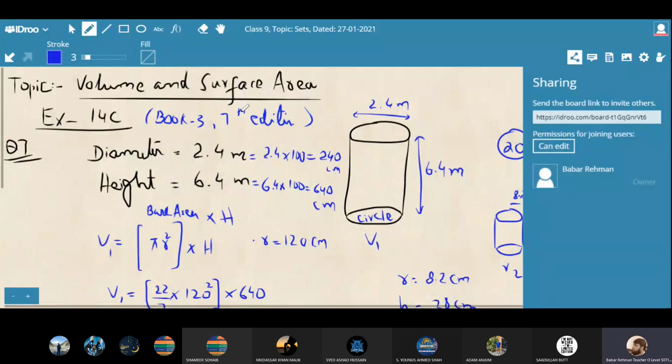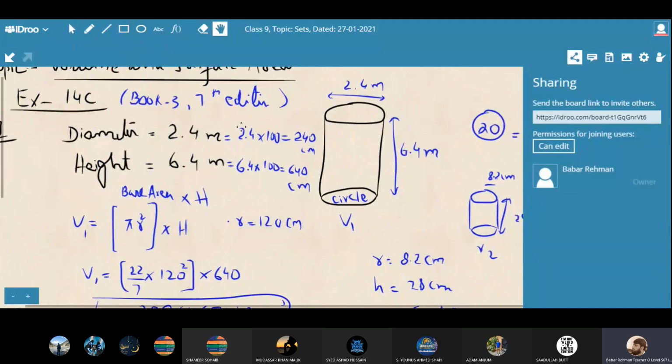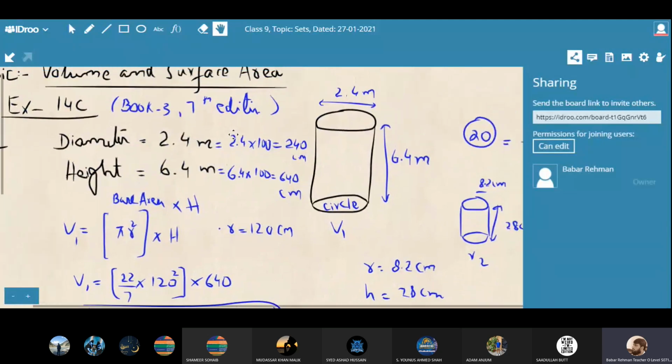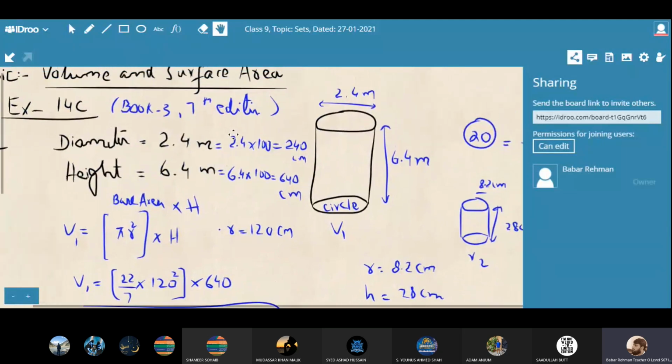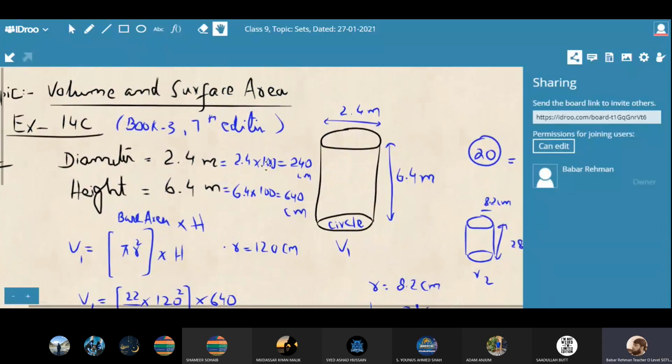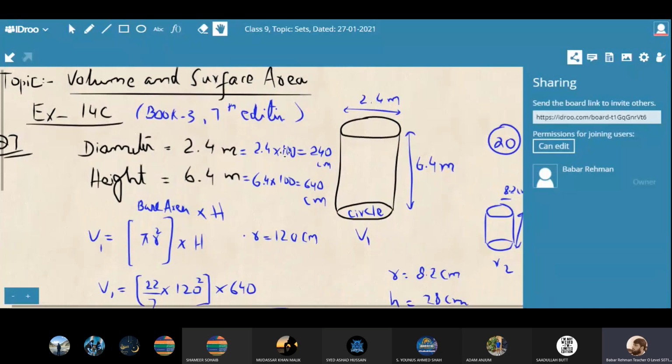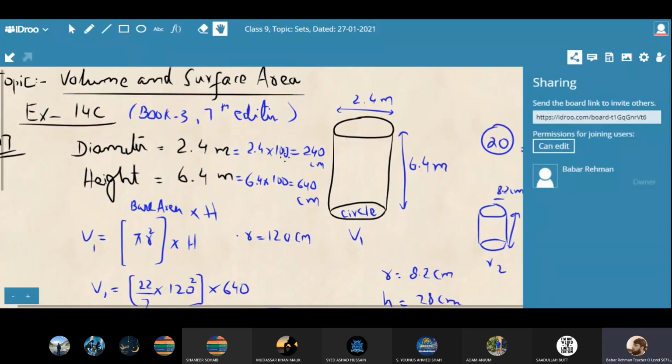So in this question, we have been given the values, radius and height of two cylinders, and we are asked to find the number of small containers, meaning small cylinders, with volume V2.